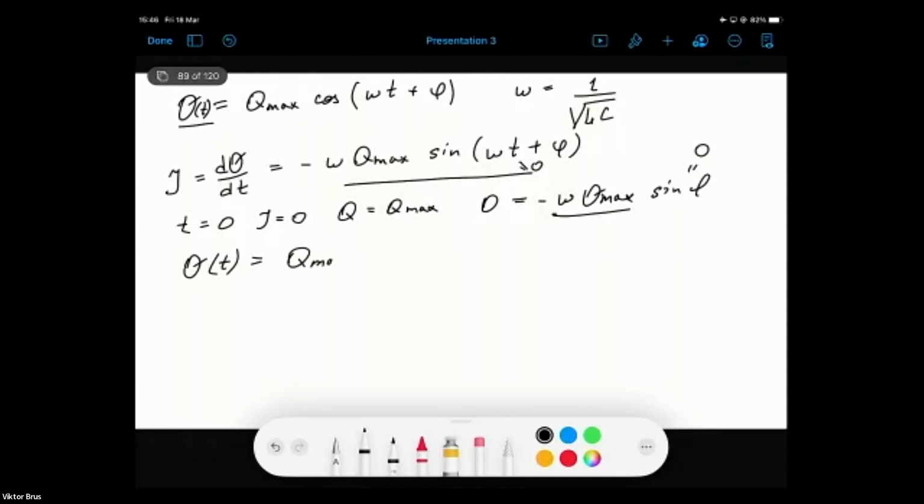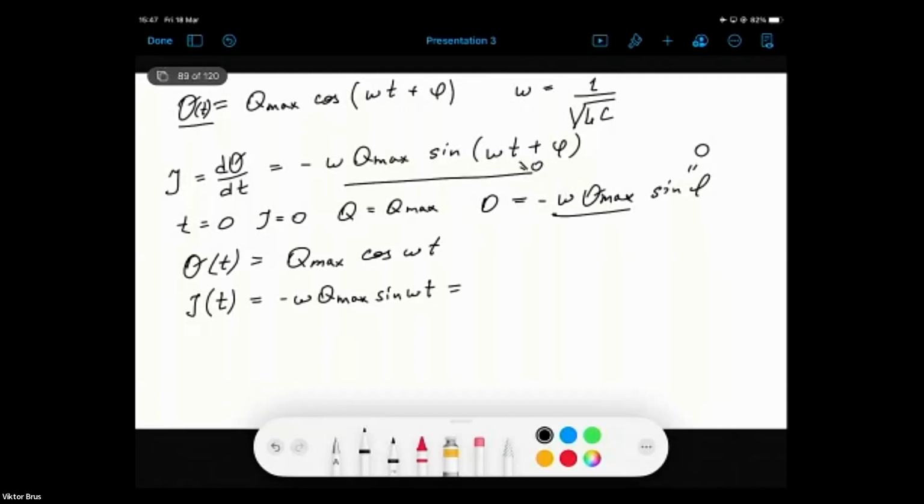That is Q maximum times cosinus omega t, the electric charge as a function of time, and electric current as a function of time is equal to minus omega Q maximum times sinus omega t.